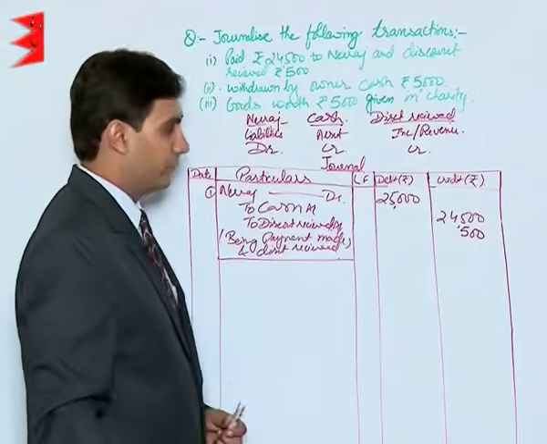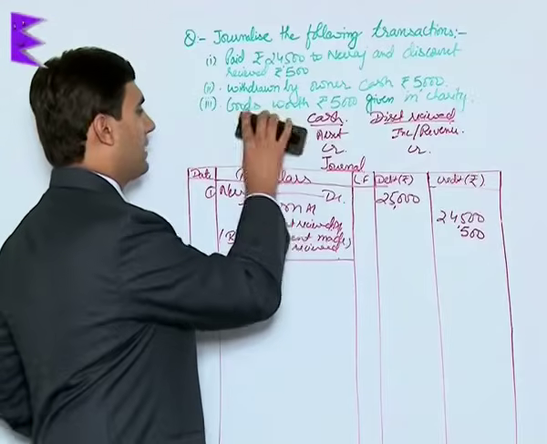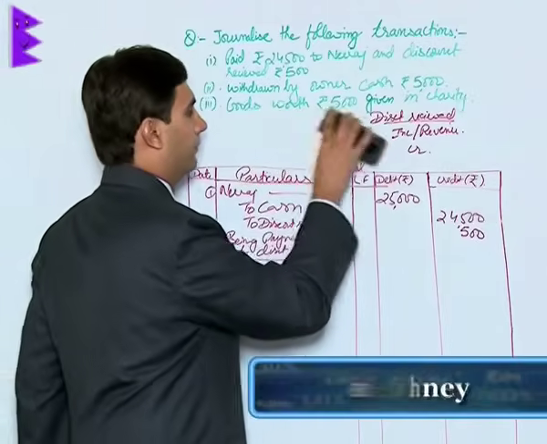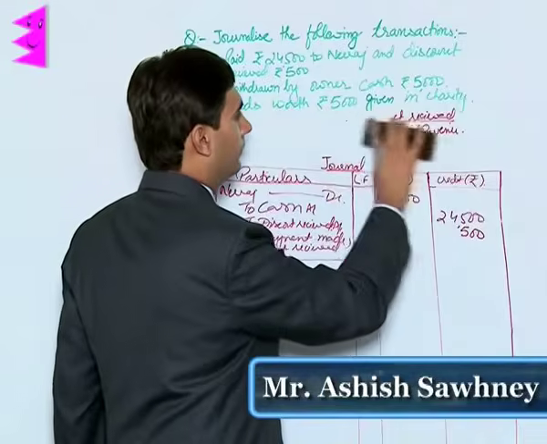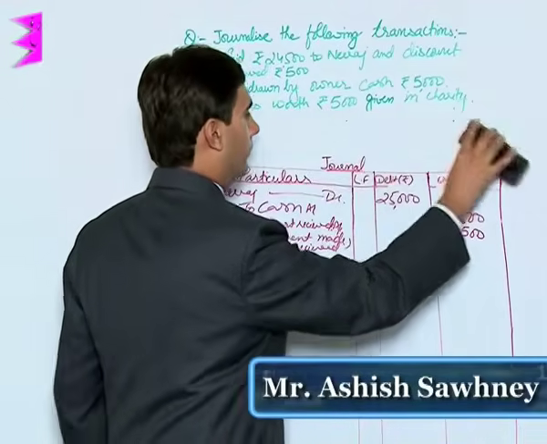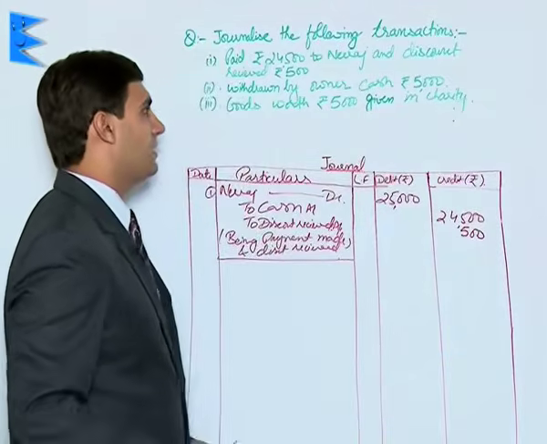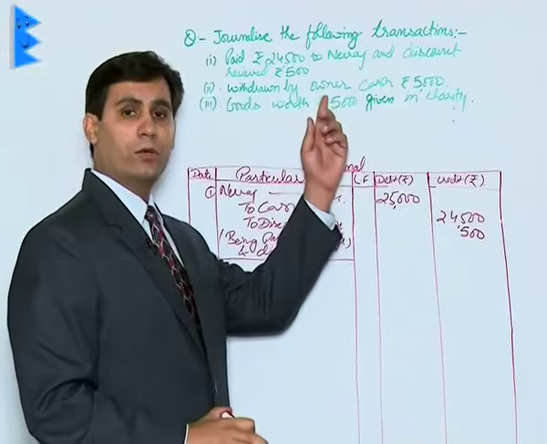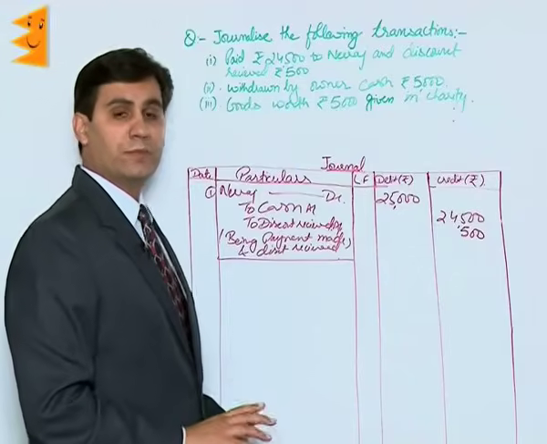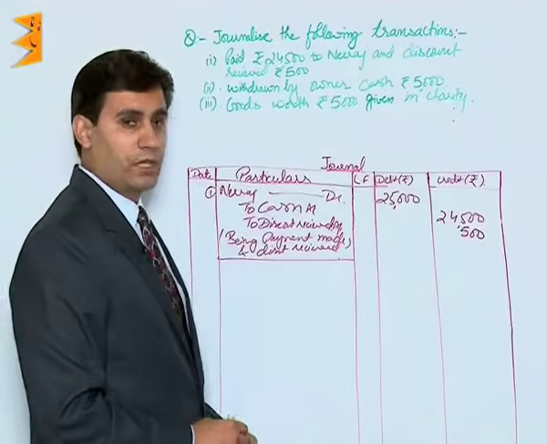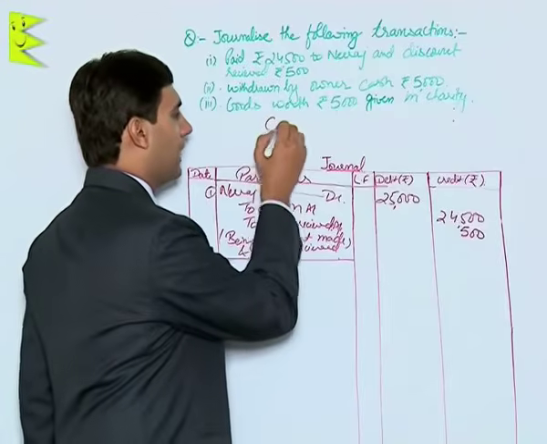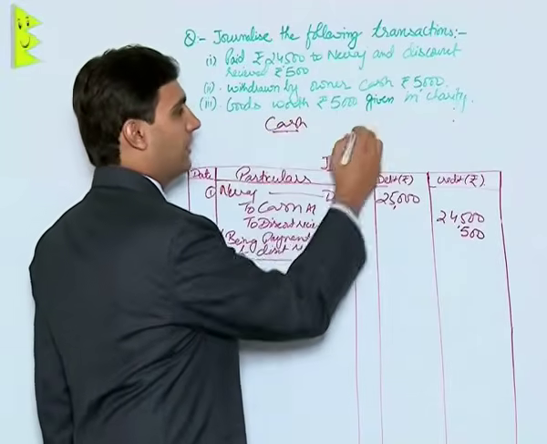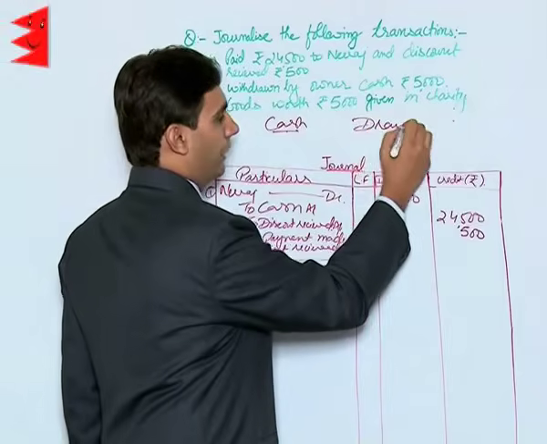Now students, coming to the second transaction. The second transaction is withdrawn by owner cash worth rupees 5,000. Now since owner is withdrawing cash, so one account is cash and the second account is drawings.